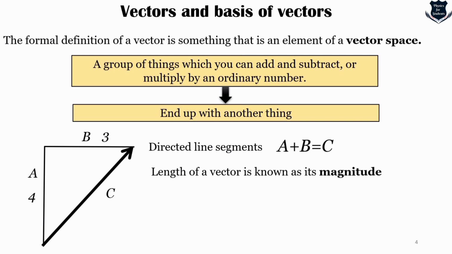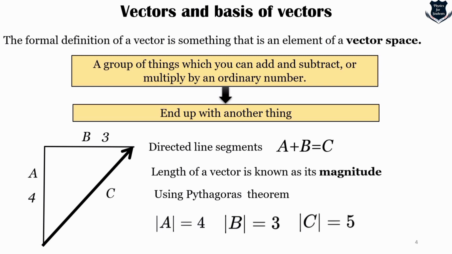Using the usual way of adding vectors, we can say A plus B equals C, and using Pythagoras' theorem, we can calculate the length of the vector, which is known as magnitude, as C equals 5.